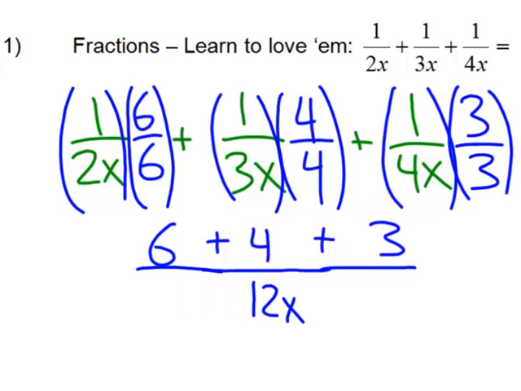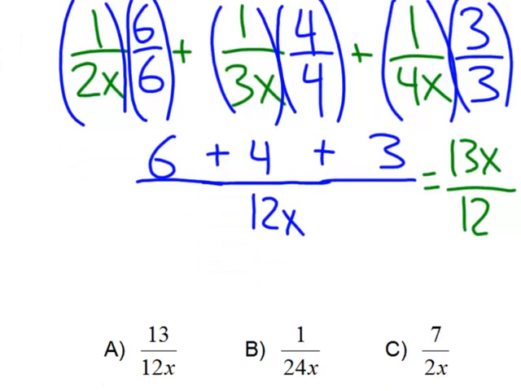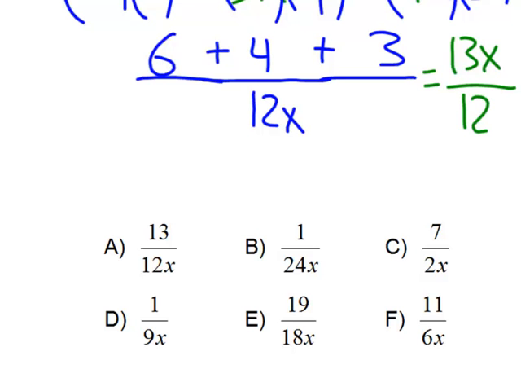And we add them all up. 6 plus 4 plus 3 gives us 13, all over 12x. So we look at our answer choices, and we see that A, 13 over 12x, is our solution. Let's go on to question number 2.